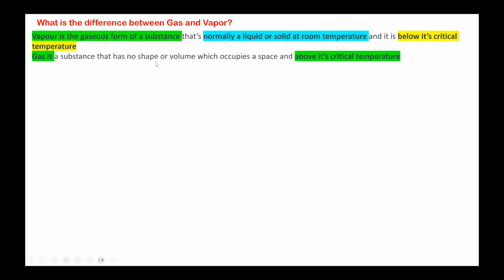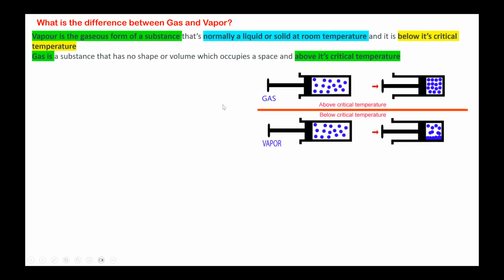Gas is a substance that has no shape or volume and it is above the critical temperature of the agent. So for example, this is the oxygen, which is above its critical temperature. You apply pressure, still it remains as molecules of gaseous oxygen only.